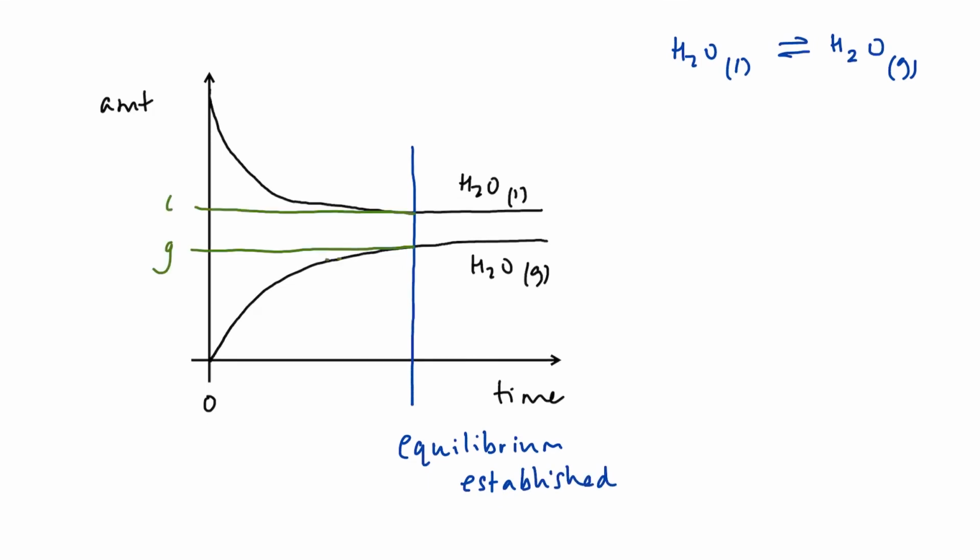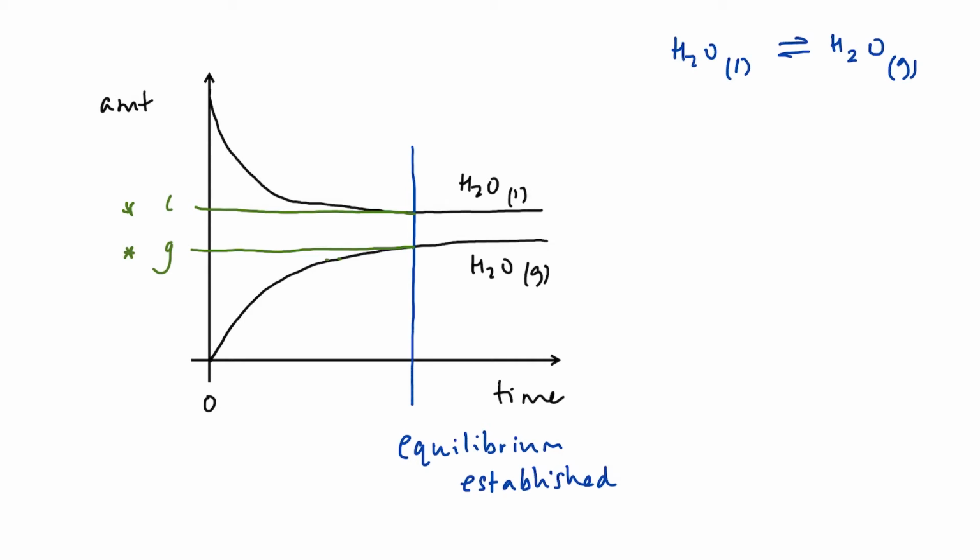Now, it's important to note that once equilibrium has been established inside our plastic bag, the amounts of liquid and gaseous water don't change, but they're not necessarily the same. And we can see that where I've marked it on the y-axis here. The actual amounts are going to depend on a number of things, the conditions in our system.